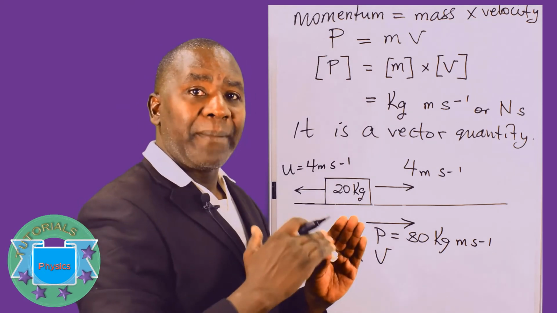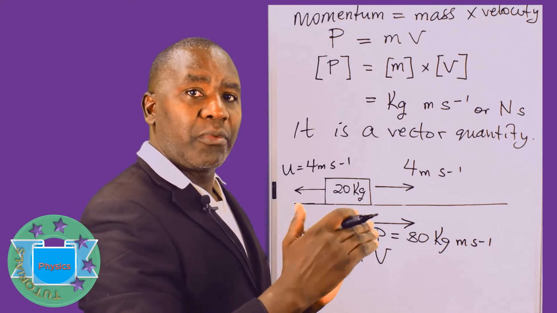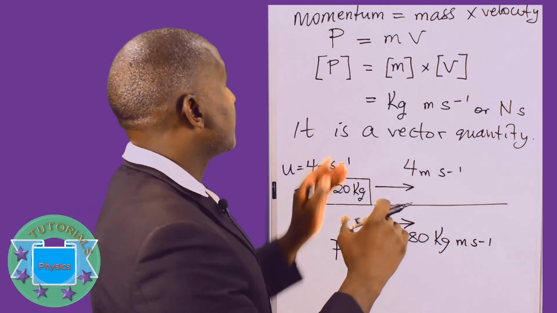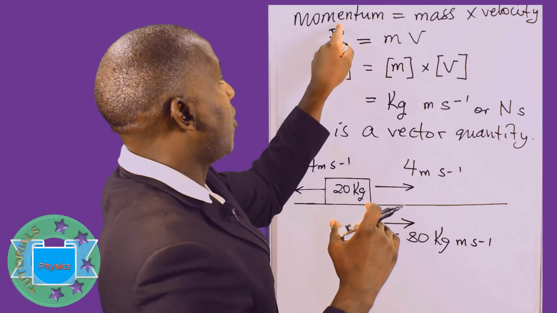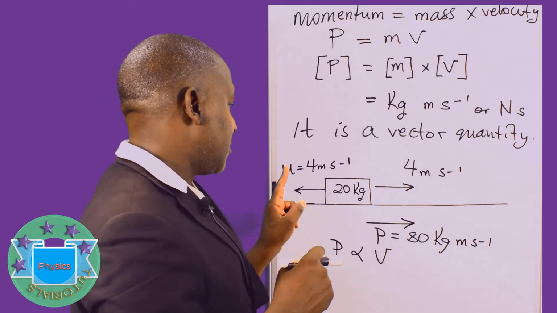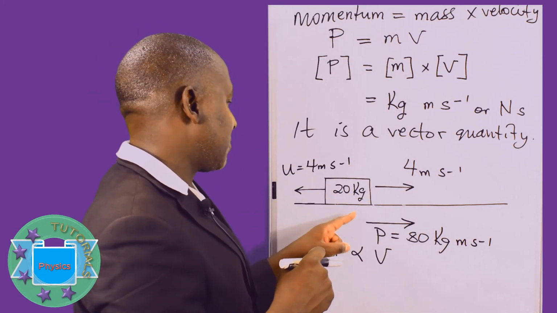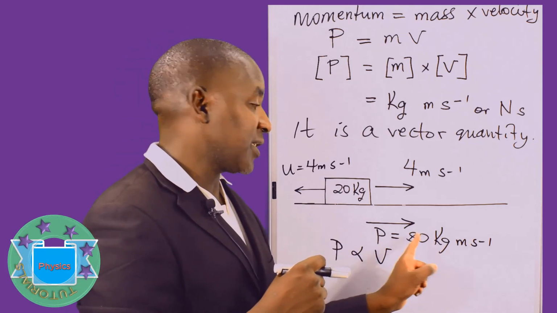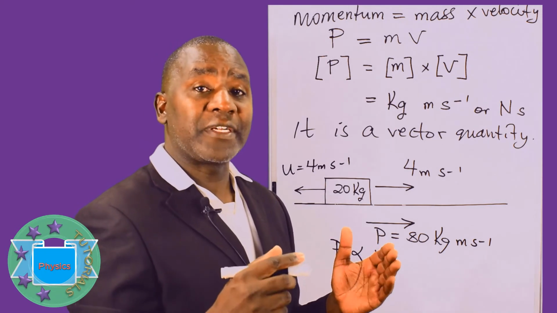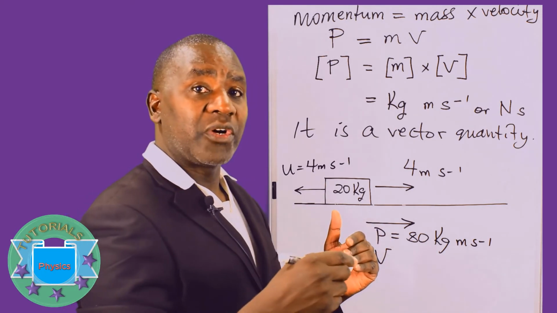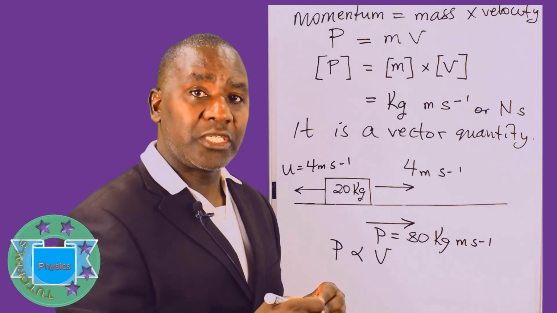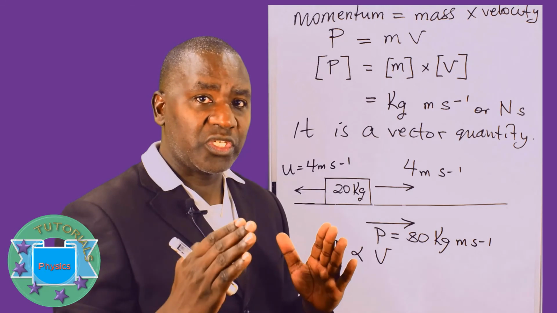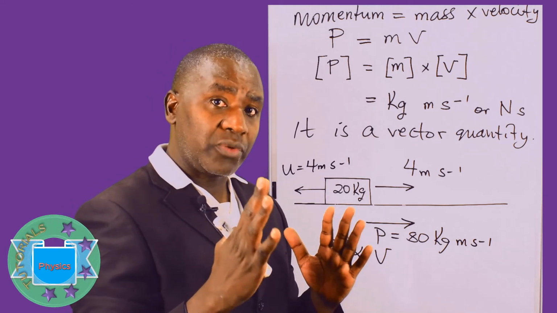The two momenta, the plural of momentum is momenta. This momentum of 80 kilograms meter per second to the left is different from the momentum of 80 kilograms meter per second to the right. They are different, and the reason why they are different is because of the direction, although the magnitudes are the same.